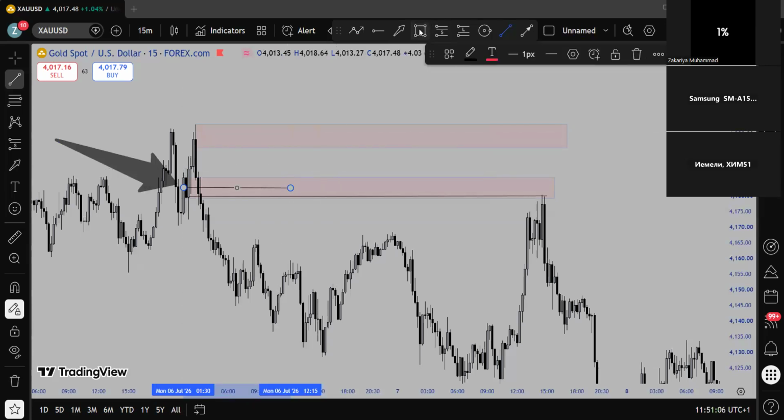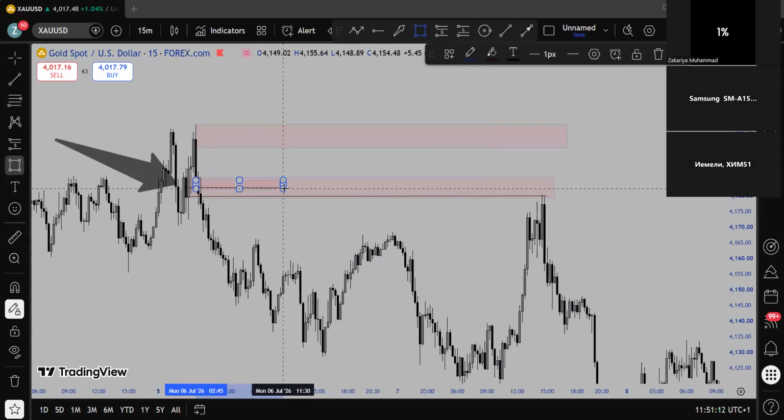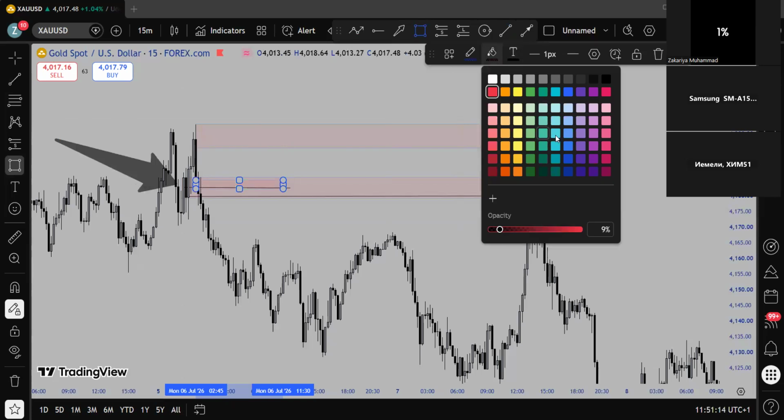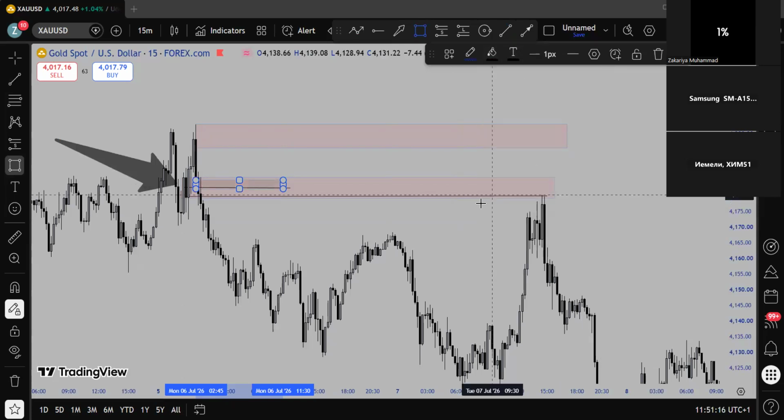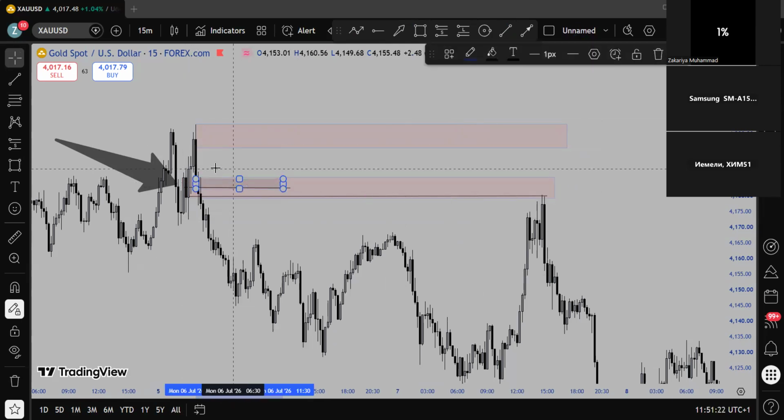Let's say I find an order block in the 5 minutes, somewhere around this zone, inside my 15-minute and 30-minute structures. I can use that 5-minute order block because it's inside these 2 zones and it can help me maximize my risk to reward.